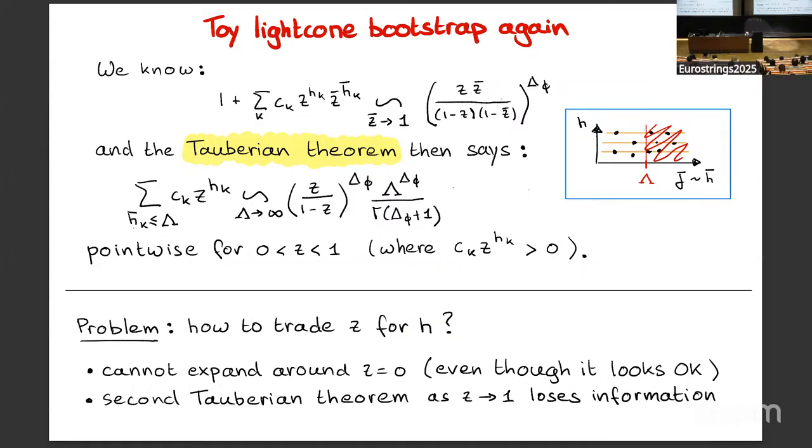So that is the dominating term on the right-hand side as z bar goes to 1. So it says that if I sum the coefficients, which are c z to the h, then I get the right-hand side, z over 1 minus z to the delta phi. That's just a prefactor, and then this same lambda to the delta over gamma. And you can get this for every z for which these coefficients are positive. So you get this pointwise for every single z between 0 and 1, because that's where these coefficients are positive.